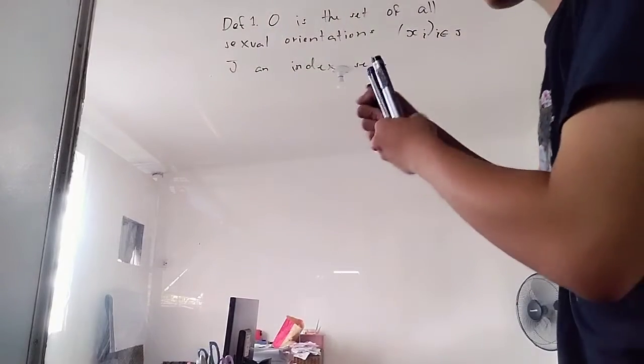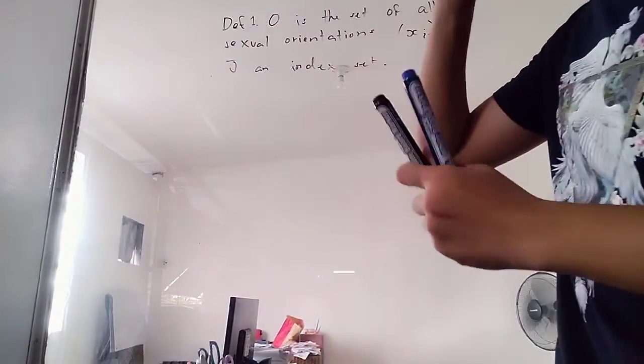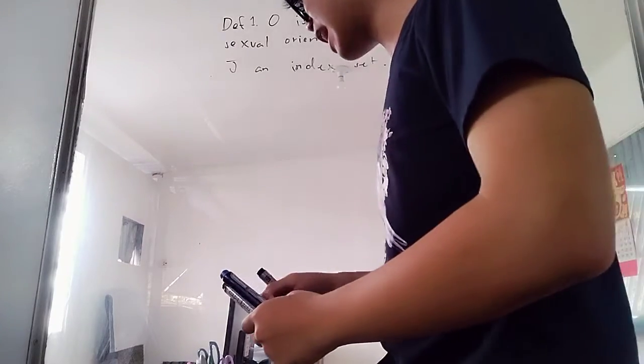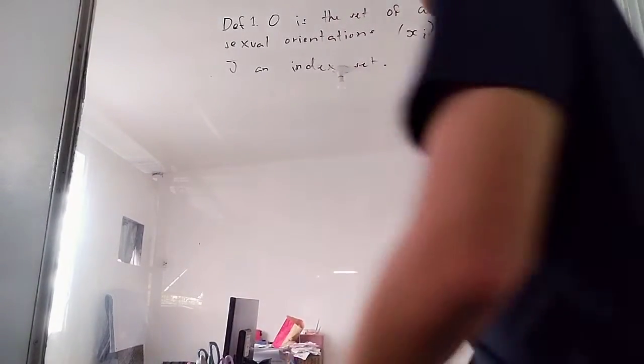To make this definition more precise, we can define X to be an element. So first let's define a language. What's a language? Definition 2.